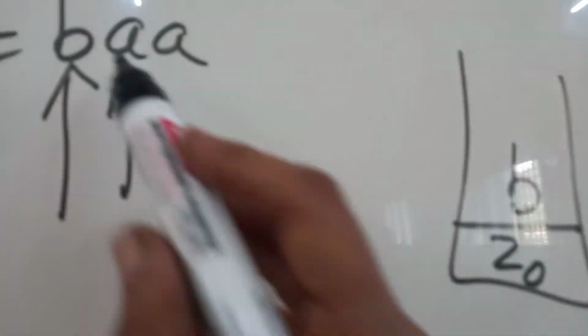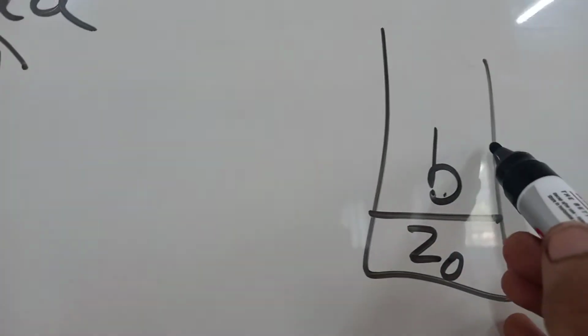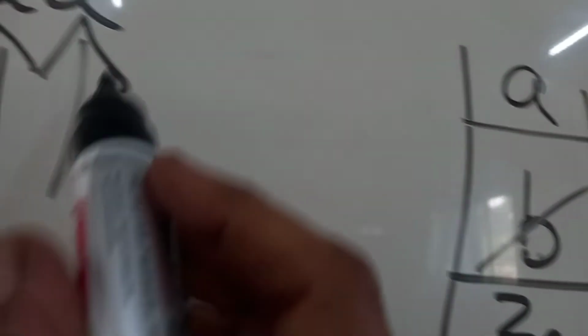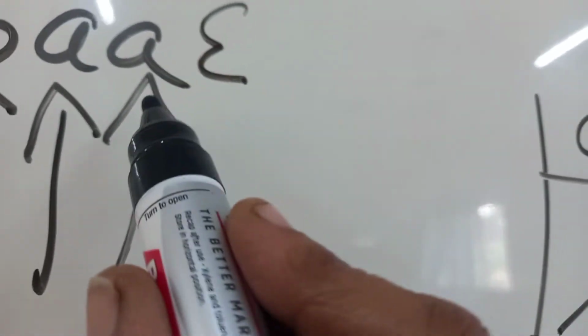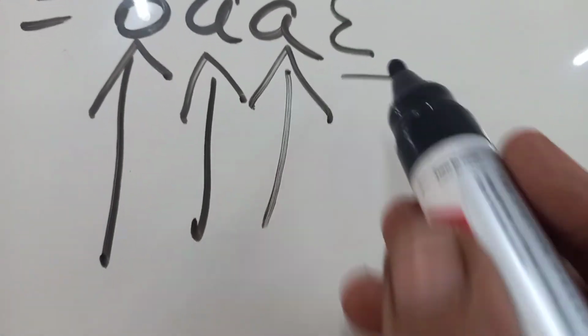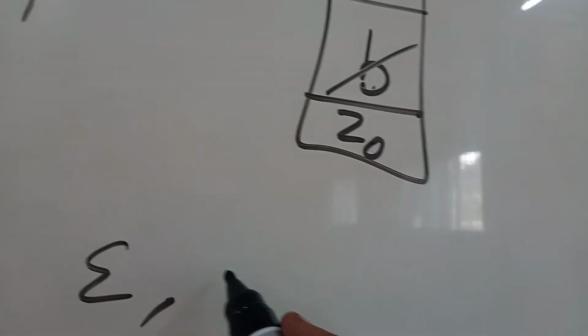So B and A, we need to perform the pop operation, and the next input symbol is A, and top of the stack is Z0. We know that if the input symbol is A and top of the stack is Z0, we need to perform the push operation. Okay, and then after this A, we have reached the end of the string, so epsilon is there. Now the epsilon is there, and top of the stack is A.